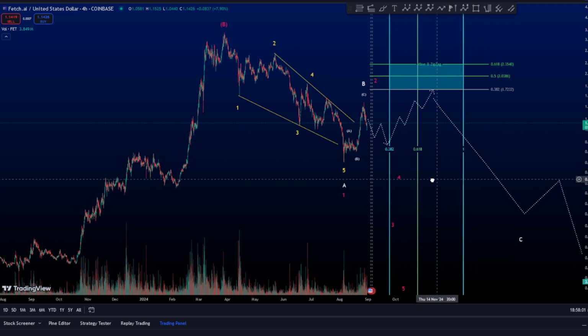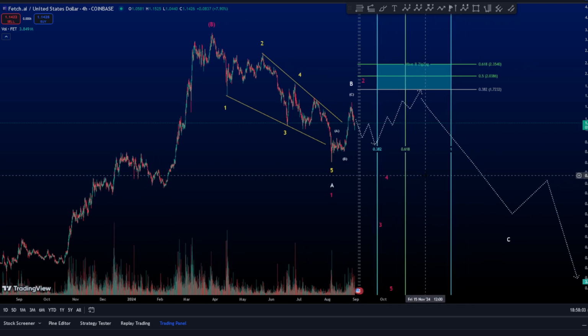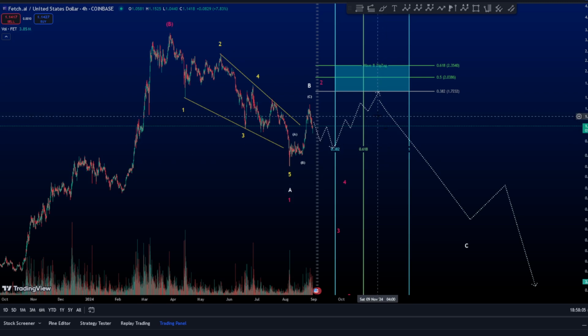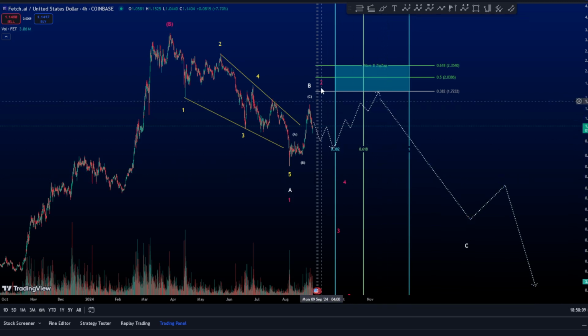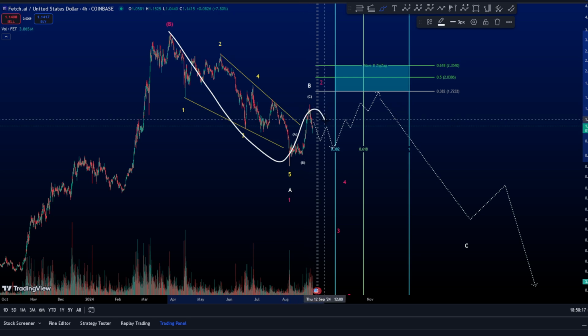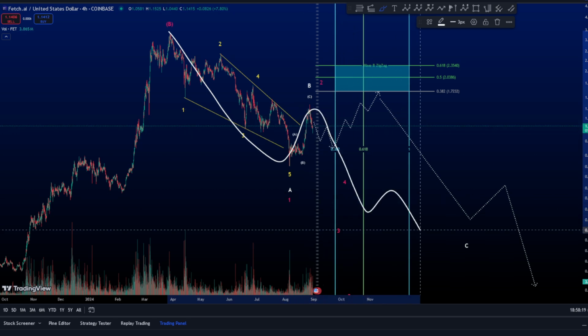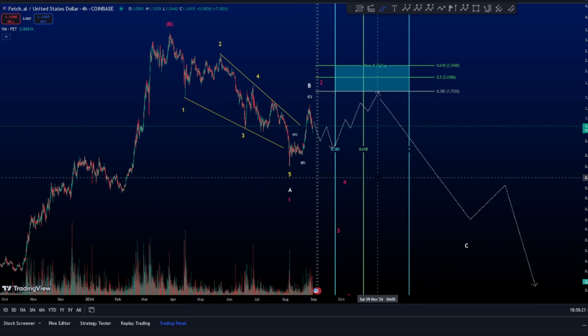One of these scenarios is now open, and of course diagonals are considered impulsive scenarios as well. Therefore, what we are looking for now is, after a 1 here, 1, 2, 3, 4, and 5 towards the downside.